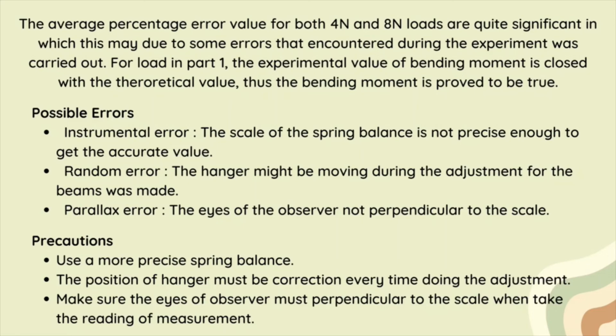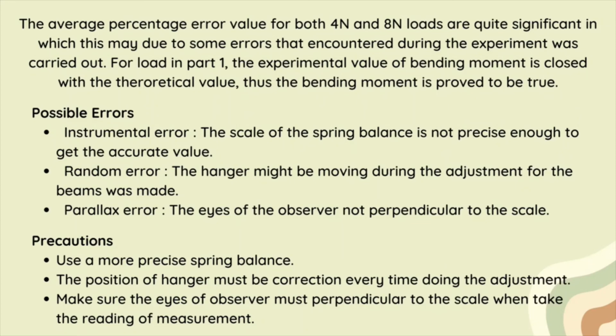The possible errors in this experiment are, first, instrumental error, that is, the scale of the spring balance is not precise enough to get the accurate value. Second, random error, that is, the hanger might be moving while the adjustment of the beam was made. And last one is parallax error, that is, the eyes of the observer are not perpendicular to the scale.